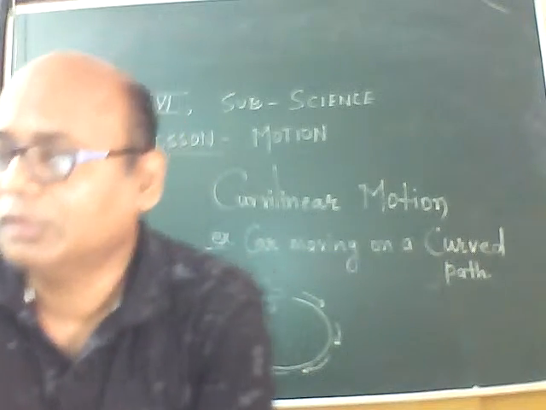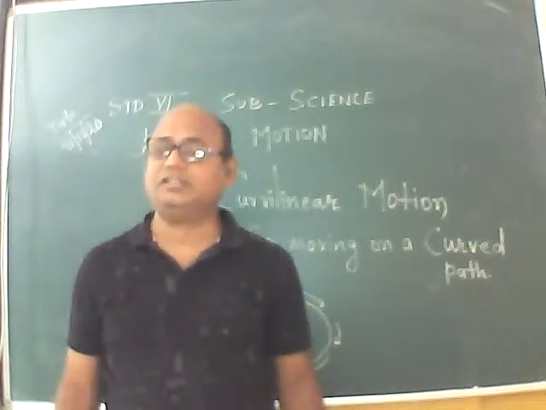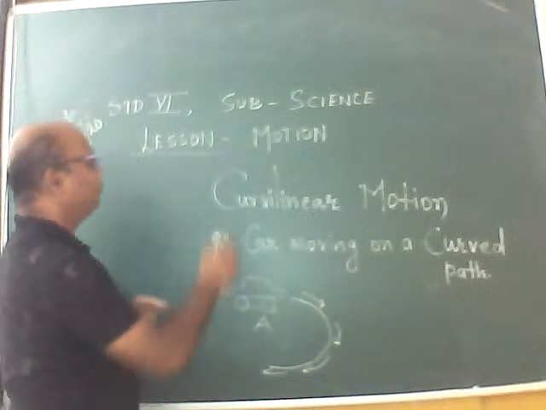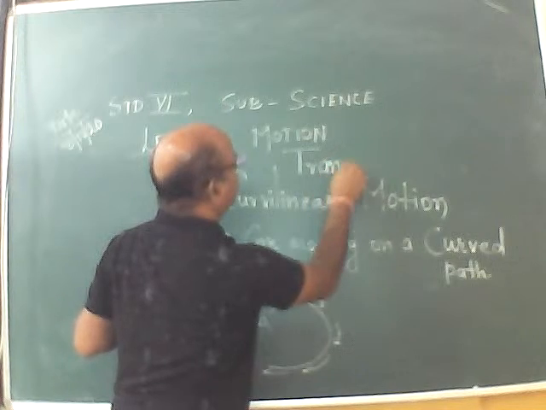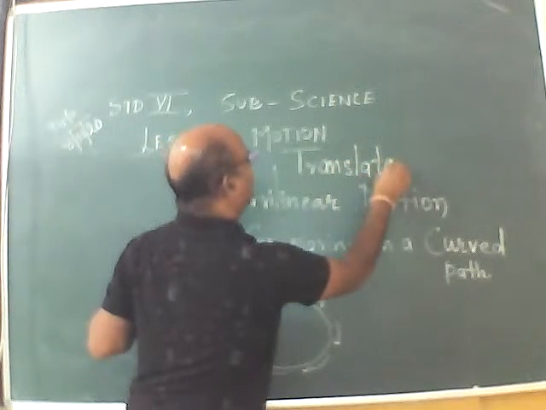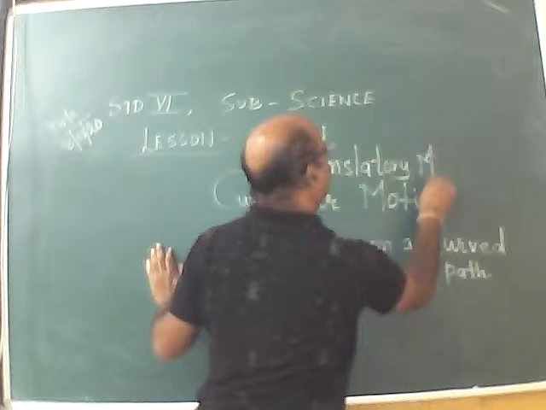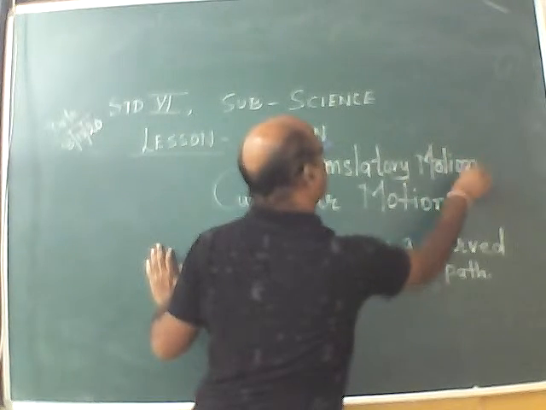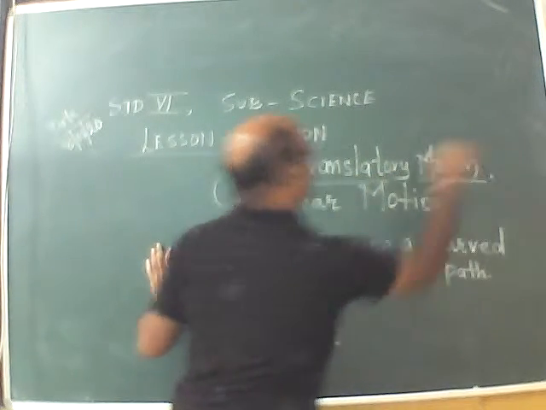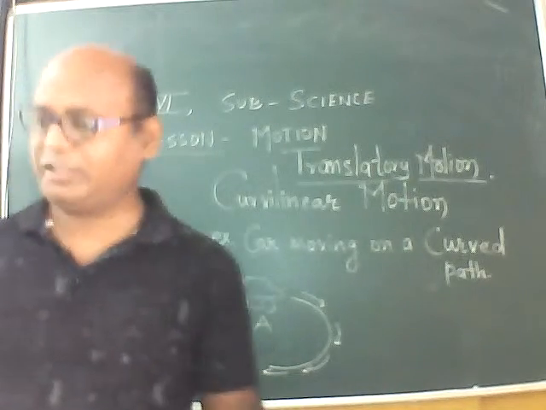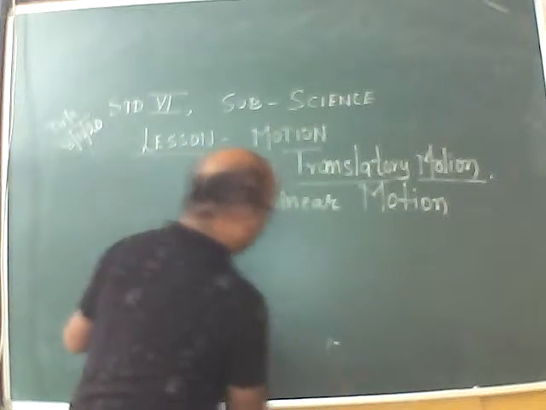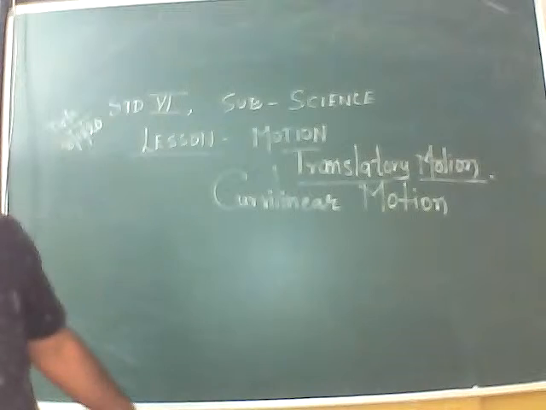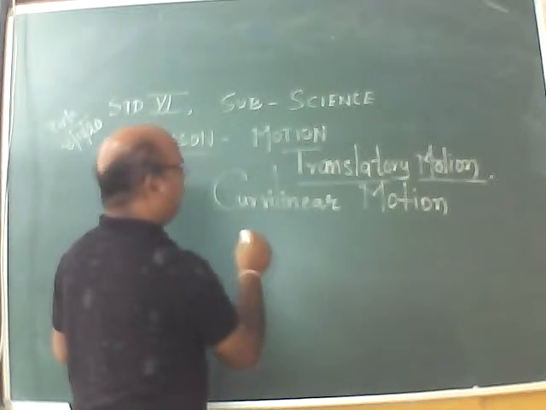Isn't it? This curvilinear motion and rectilinear motion together is called translatory motion. When a body, like a ball, moves from one point to another, we call it translatory motion.